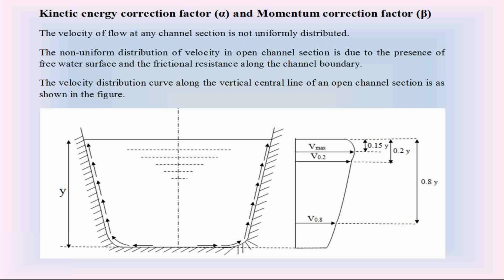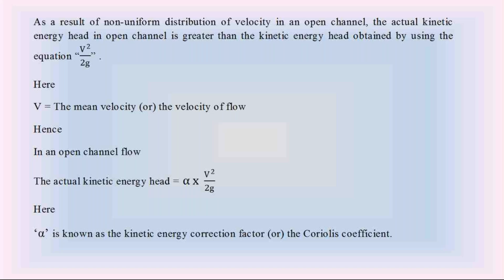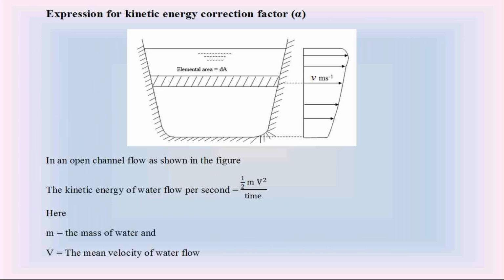First one is the kinetic energy correction factor alpha. Next one is the linear momentum correction factor beta. So that is the importance of these two correction factors in open channel water flow.